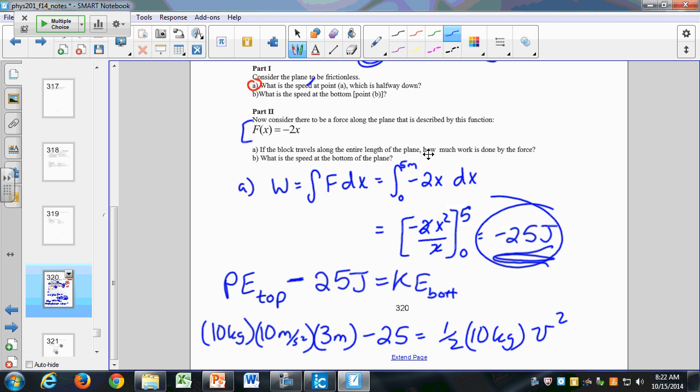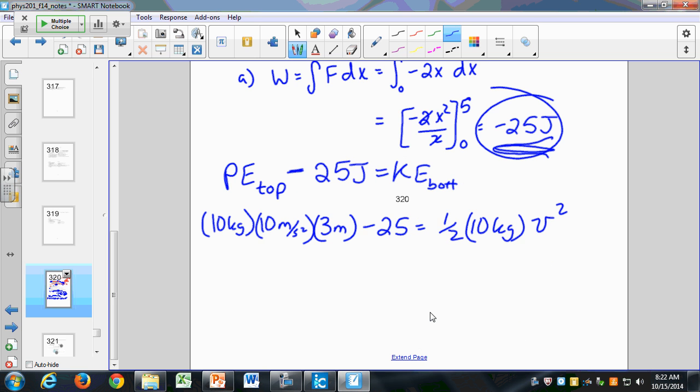And I solved that for v. It's 275, 550, 55. Is that right? Yeah, so v turns out to be the root of 55, which is 7.4 meters per second.